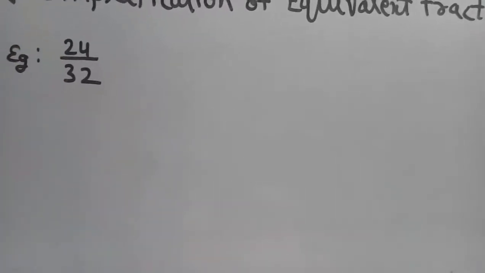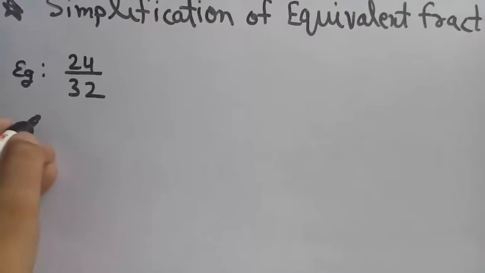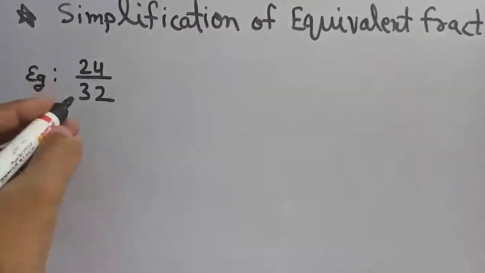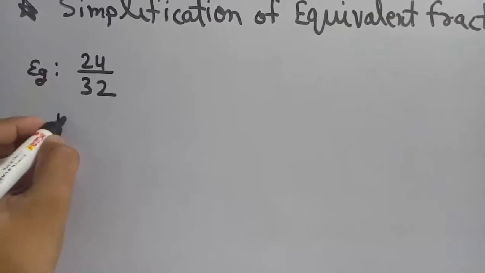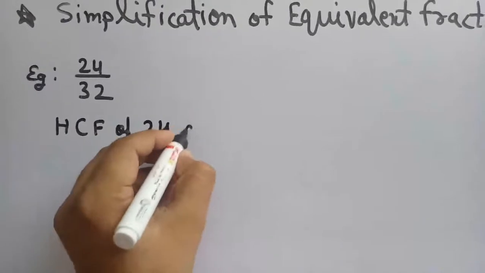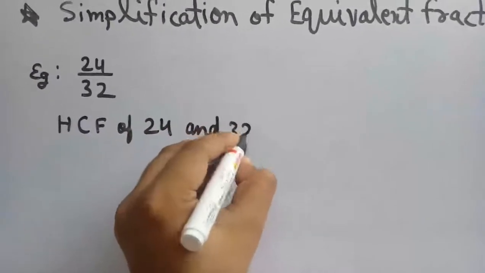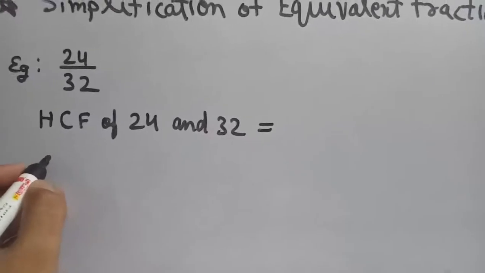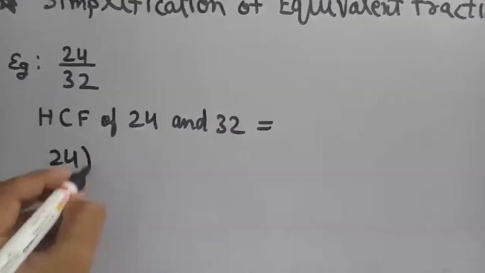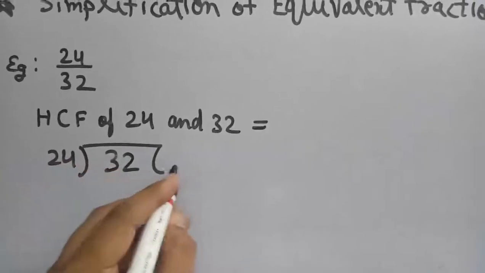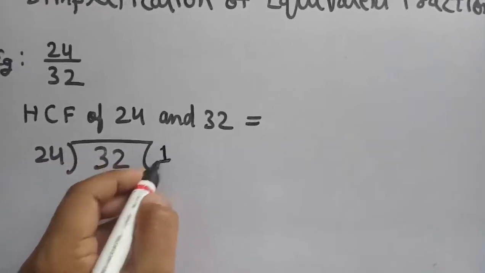So what are the common factors? Common factors can be found with the help of HCF. So now we find the HCF of 24 and 32. Again the division method will be used. 24 divides 32. 24 1 is 24.